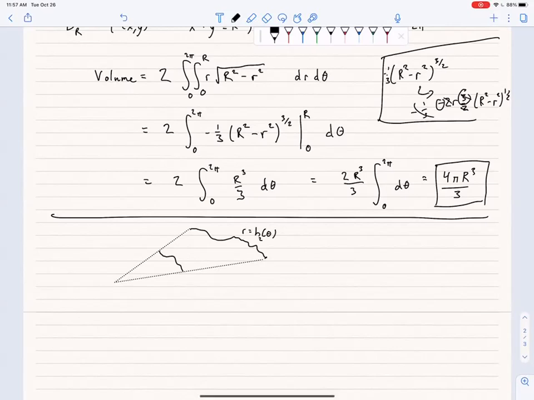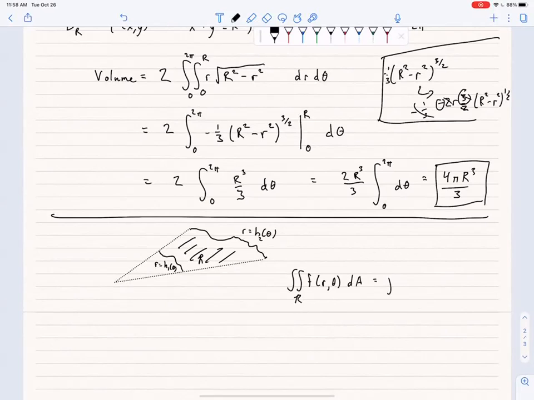So h2, the radius is the function, h1, the angle, and you're integrating over this region. If you wanted to integrate a function f of r, theta over that kind of region, this is sort of like a type 1 or type 2 in polar coordinates. Let's say this region is R.